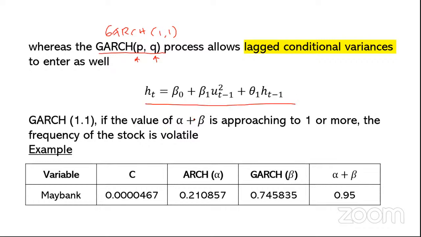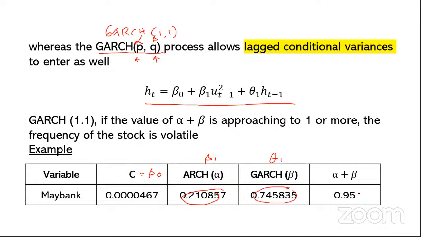If the values of alpha and beta are approaching 1 or more, the frequency of stock volatility is high. So we have Maybank. The constant is this, beta 0. This is the ARCH, the beta 1. This is the Q1. So we just add this one and this one.